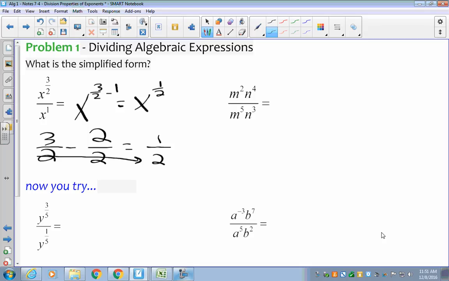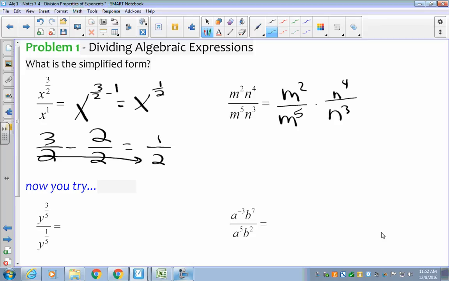When you have more than one letter rolling around, you group the letters together. So for here, I want m squared to be grouped with m to the 5th, and n to the 4th to be grouped with n cubed.